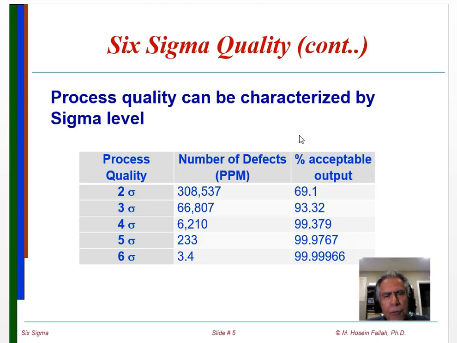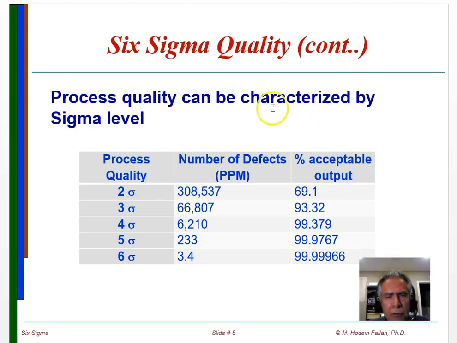As we reduce process variation under the Six Sigma concept, we're moving to a higher level of measurement and measuring quality in terms of the Sigma level or ppm, the number of defects per million opportunities.